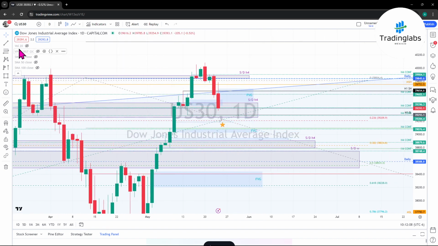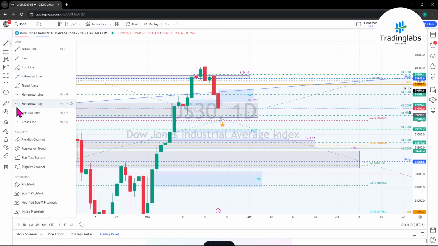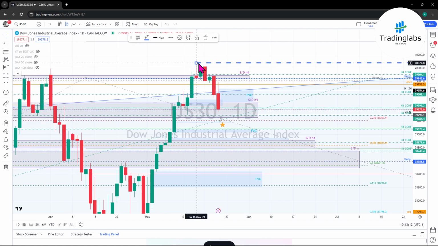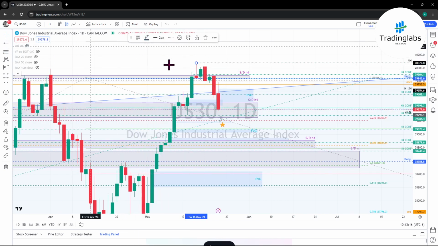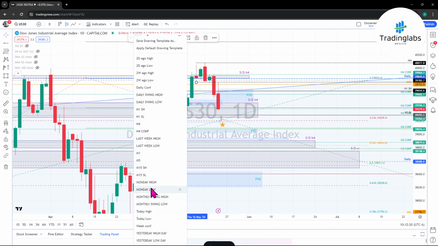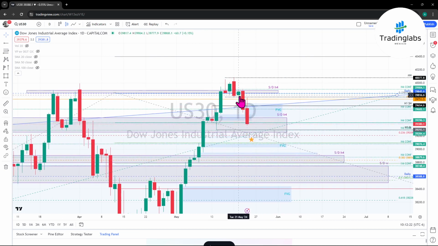This is Monday. So this is the Monday high, this is the Monday low. So on Monday this week, the market traded between this range.